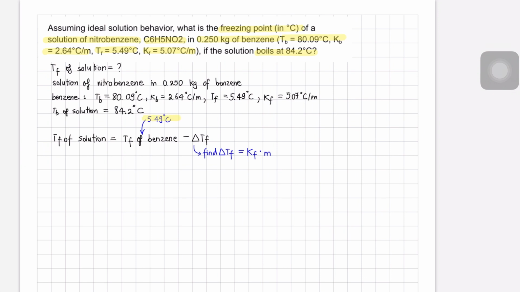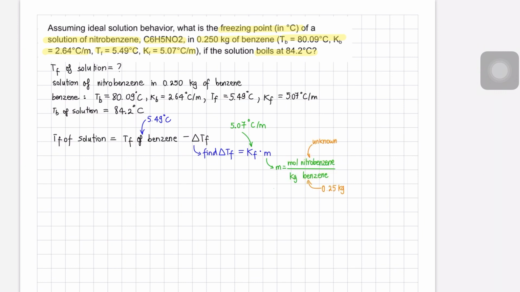So what we do need to find is delta Tf, and the formula for that is delta Tf equals Kf times molality. We know the value of Kf from the information given. That's 5.07 degrees Celsius per molar, but we do need to find molality. The formula for molality is moles of nitrobenzene divided by kilograms of benzene.